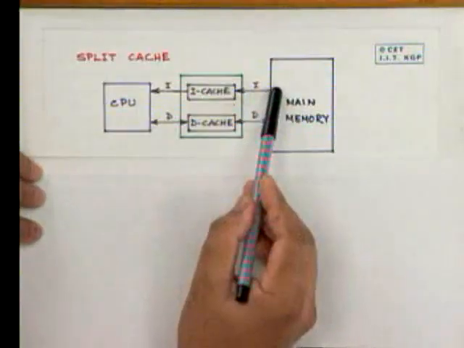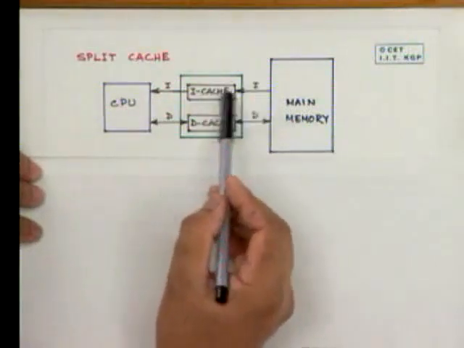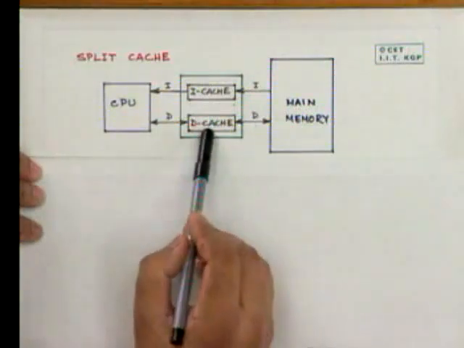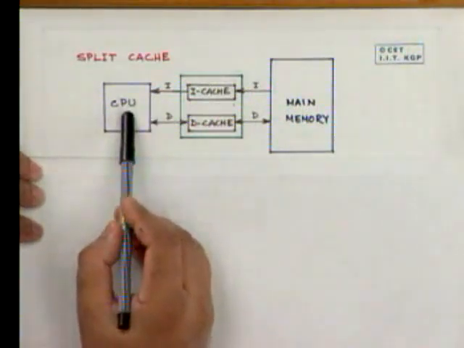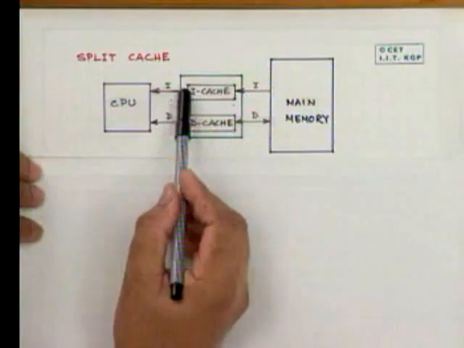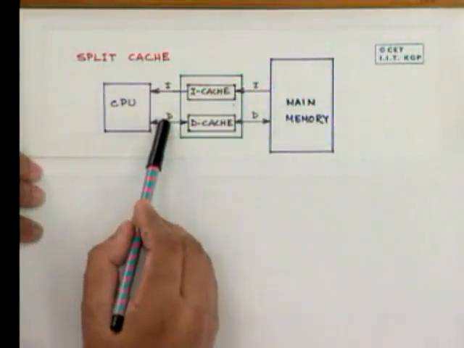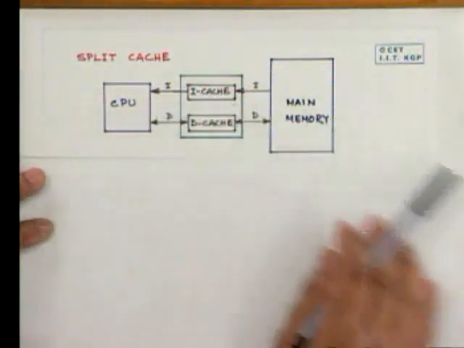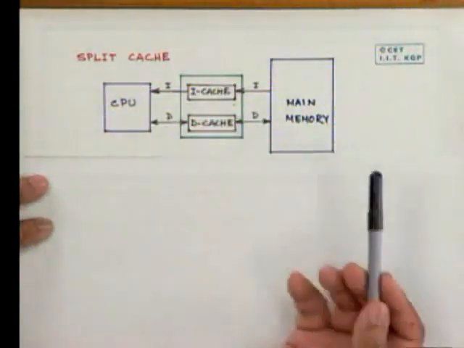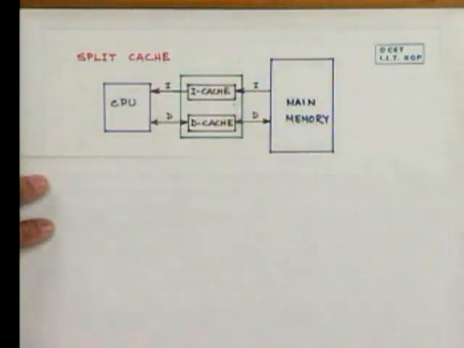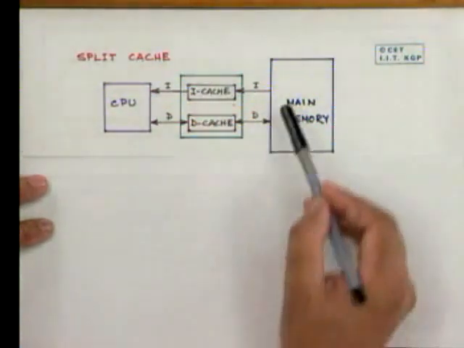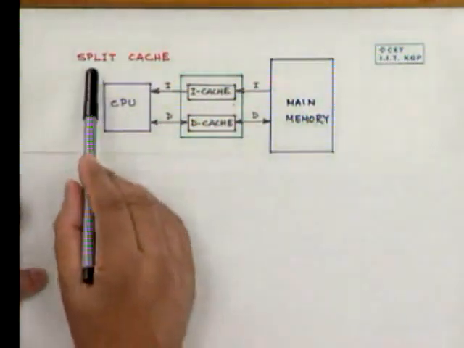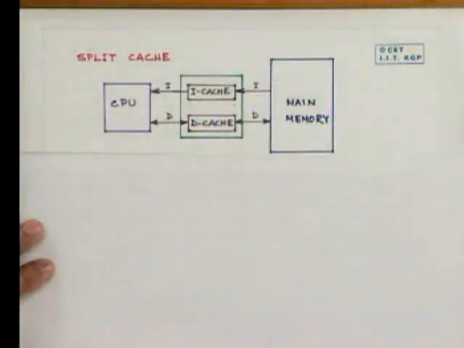That means from the main memory, instructions are brought into the I cache and data is brought into the D cache, and the CPU takes instructions from the I cache and data from the D cache. The mapping can once more be direct mapping or associative mapping, whatever it is, but two caches are maintained, and we call such a situation a split cache.